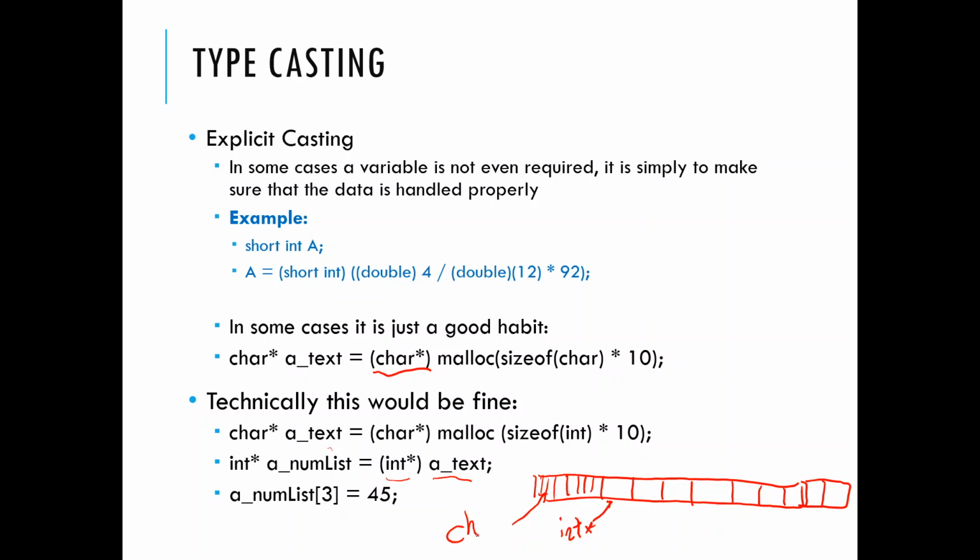If it's a char star, it's a whole lot of these little tiny 1 byte slices. It's the same memory. It just depends on how I want to view this thing. If I consider it an array of integers, I get 10 slots. If I consider it an array of characters, that same array, the same number of bytes, I consider it an array of 40 slots. It depends on the size of what each one of these things is.